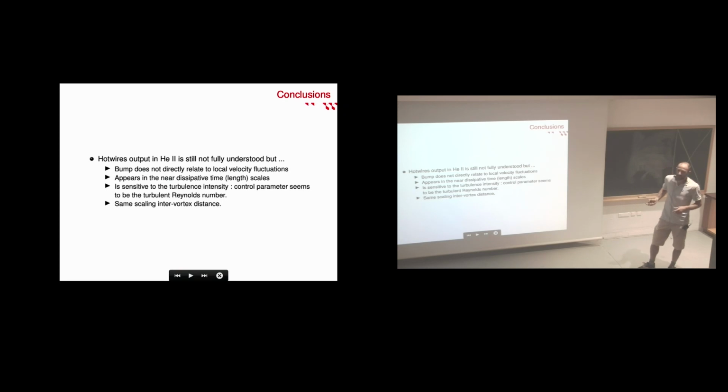The takeaway message is that the bump is not velocity fluctuations. It appears near the dissipative length scales, and it depends on the intensity of the turbulence, and scales pretty much like the intervortex spacing. That's it. Thank you.